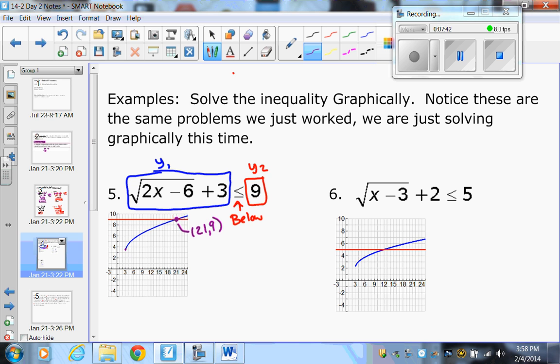However, the graph of the radical originally starts at (3, 3), but we're only concerned with these x values. So since it starts at 3 and ends at 21, we would have 3 is less than or equal to x is less than or equal to 21, which is the same answer that we got on example 1.